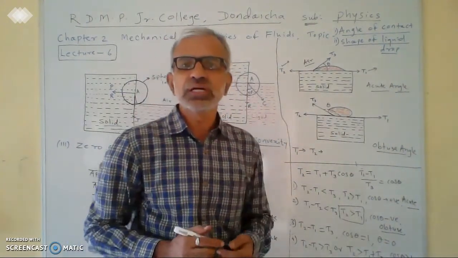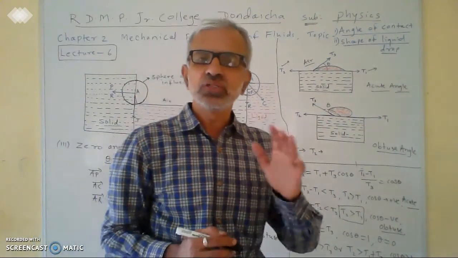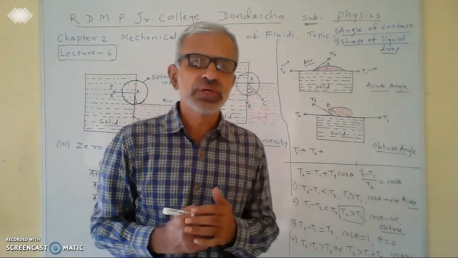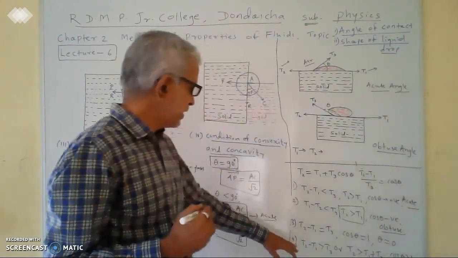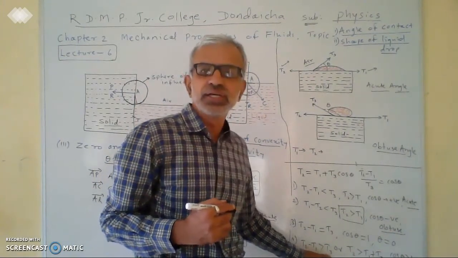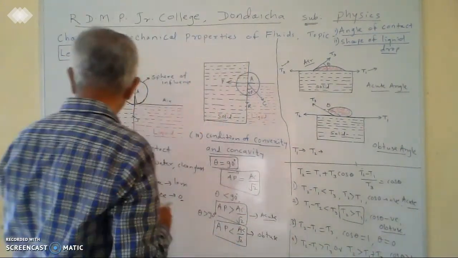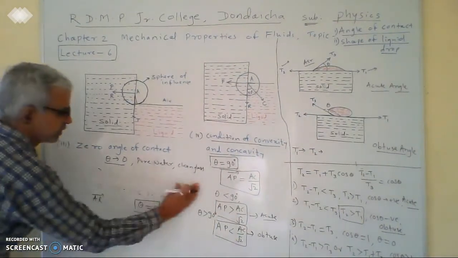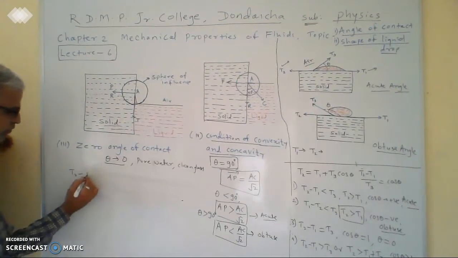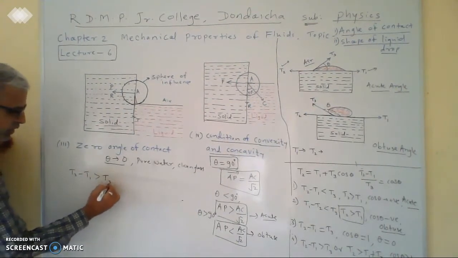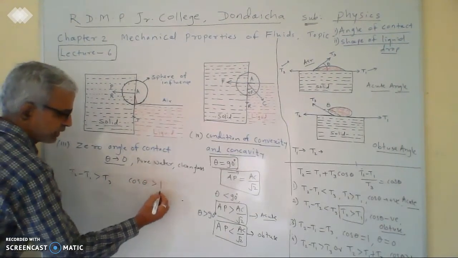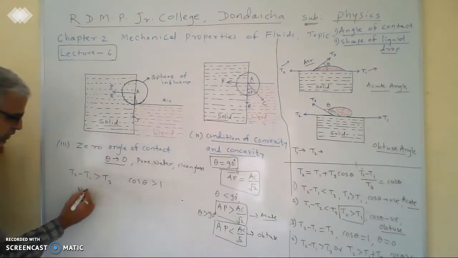Value of cos theta greater than 1 is not possible, and for that purpose, when T2 minus T1 is greater than T3, then the value of cos theta is greater than 1 and this is not possible.